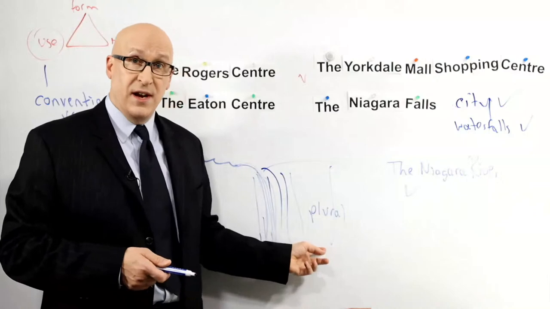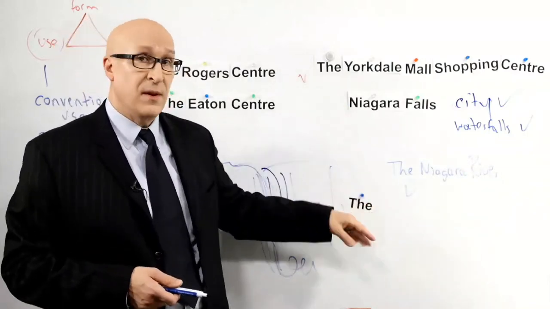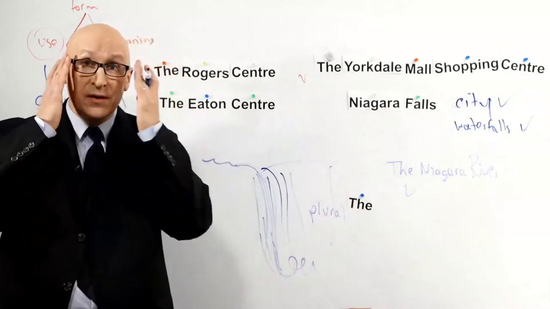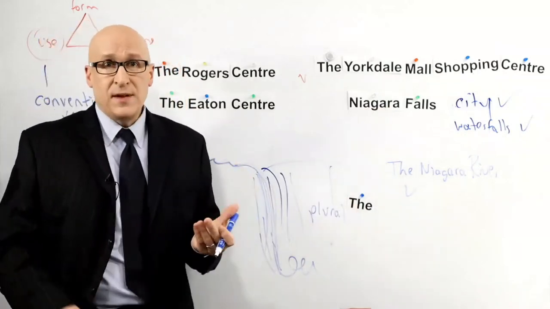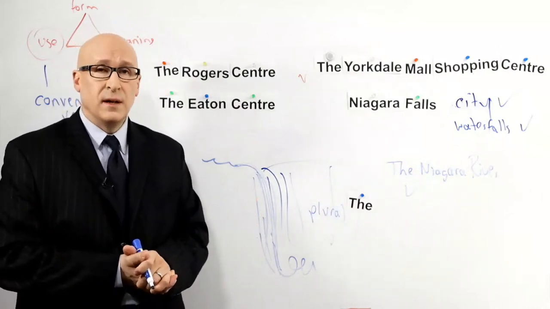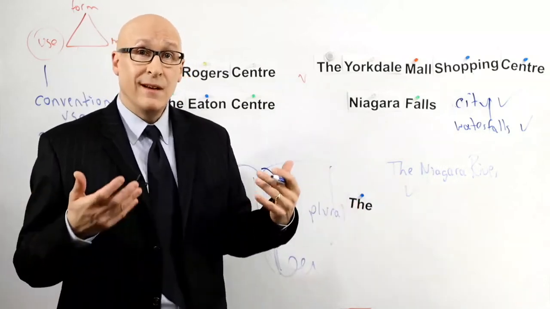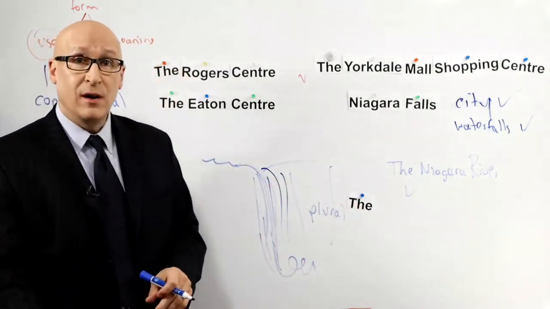You can call these the Niagara Falls, the falls that are in Niagara. But if you're talking about the city, you should call it Niagara Falls. And sometimes people use that word like it means all of the things in Niagara Falls, the city. Okay? Niagara Falls is the name of the city and the phenomenon, the waterfalls.